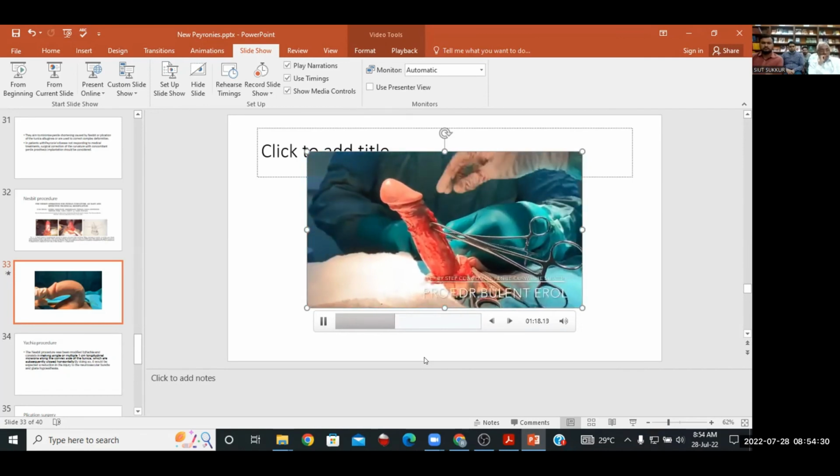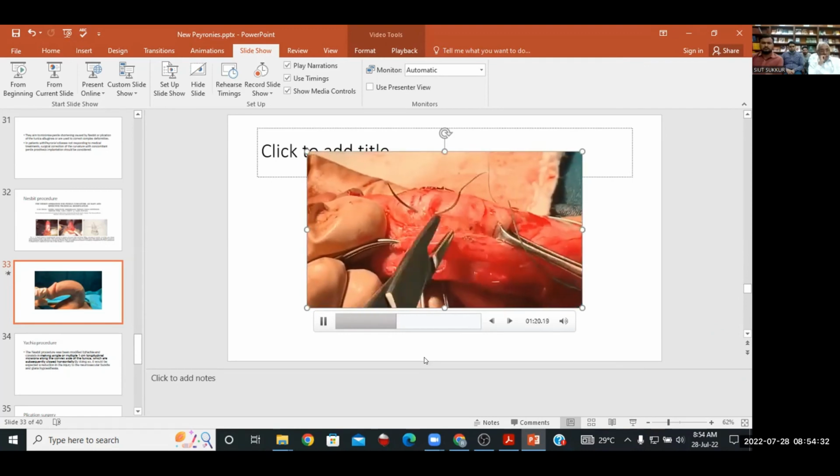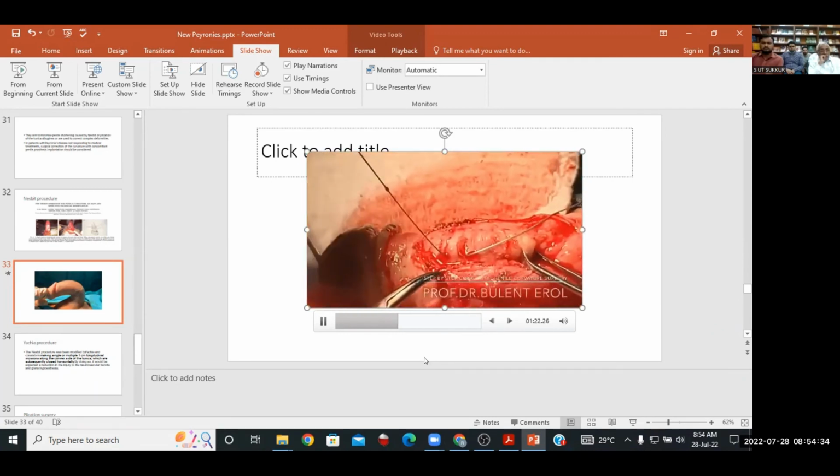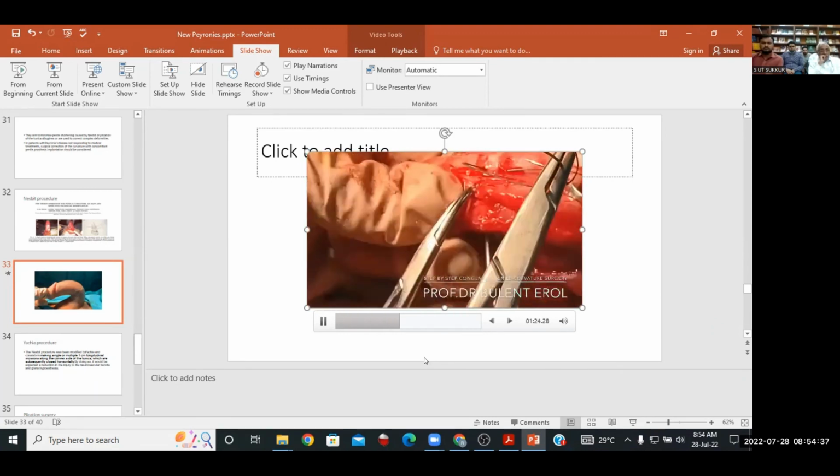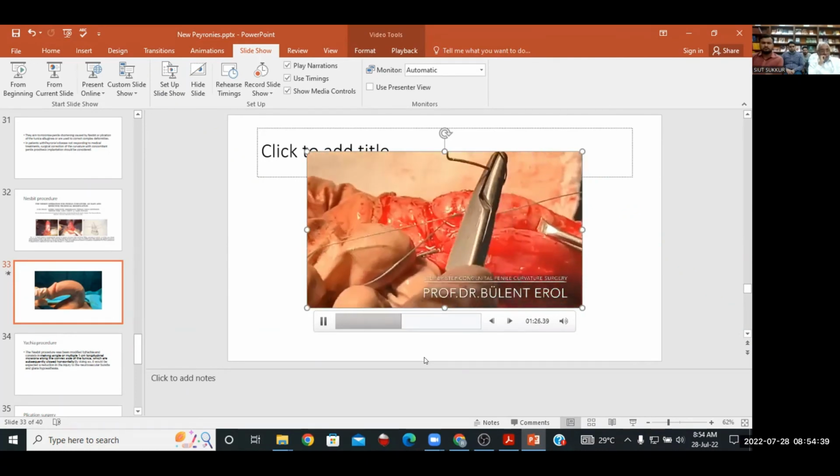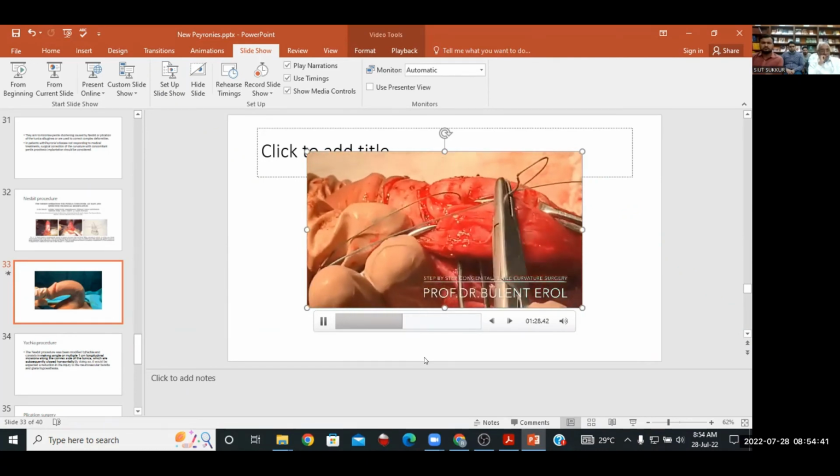Now the tunica albuginea is exposed, and they are taking the stitches at the tunica albuginea at the maximum site of curvature.